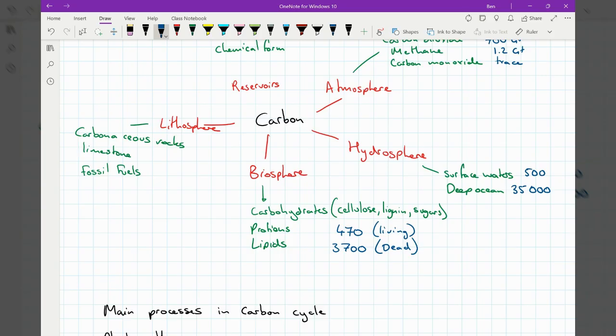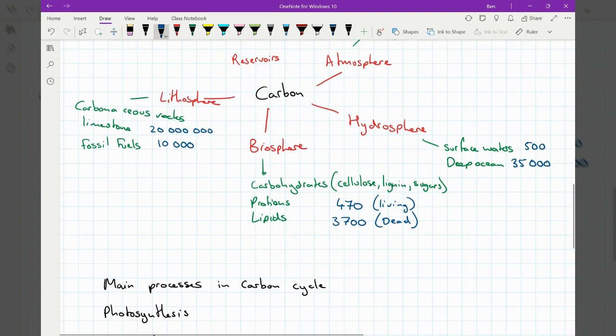So sedimentary carbonates make up 20 million gigatons, and fossil fuels make up 10,000 gigatons.